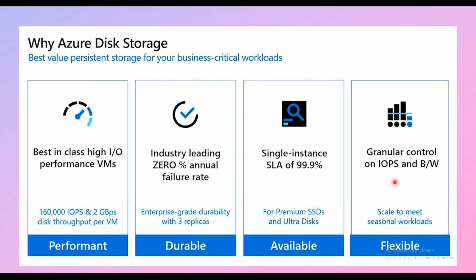And there is built-in security. Azure secures your data with automatic encryption using Microsoft managed keys, or you can bring your own keys to the cloud. So capacity, performance, durability, availability, scalability, flexibility, and security: they provide best in class benefits.